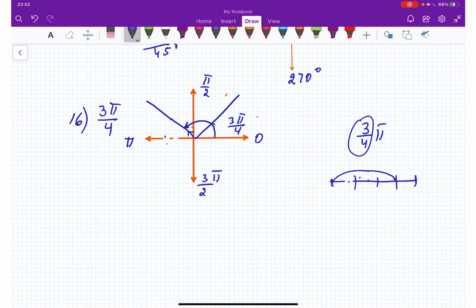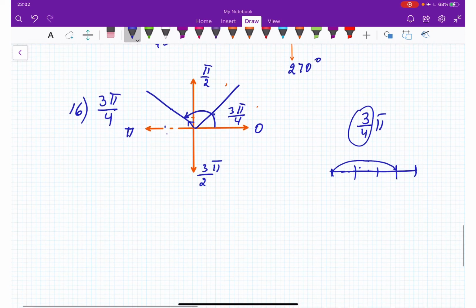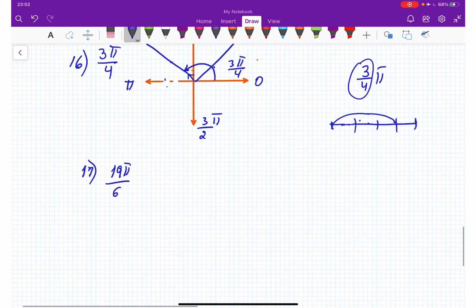Okay? Moving to question number 17. Okay, let's see how much it's going to be. Question number 17. It's going to be 19 pi over 6. Okay, let's do drafting. 19 pi over 6, it is an improper fraction, right?